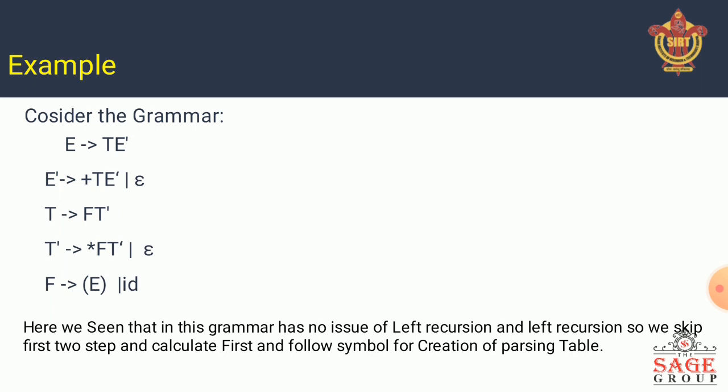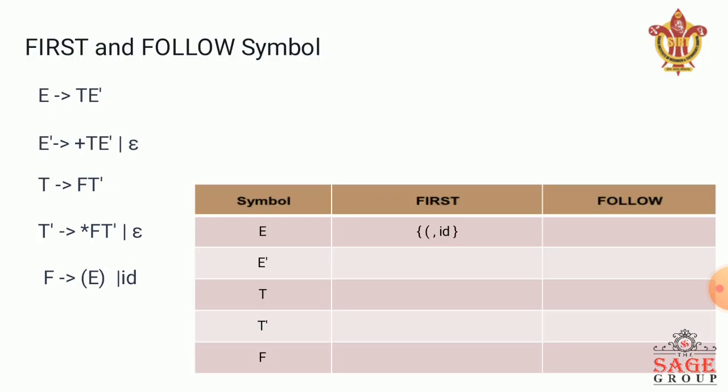For creation of the parsing table from this grammar, we see that there is no condition of left recursion and left factoring. So we skip these steps and directly reach the third step, that is, to calculate the first and follow symbols from this grammar.